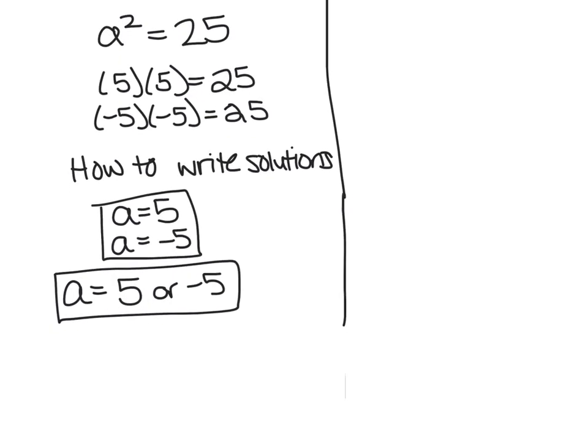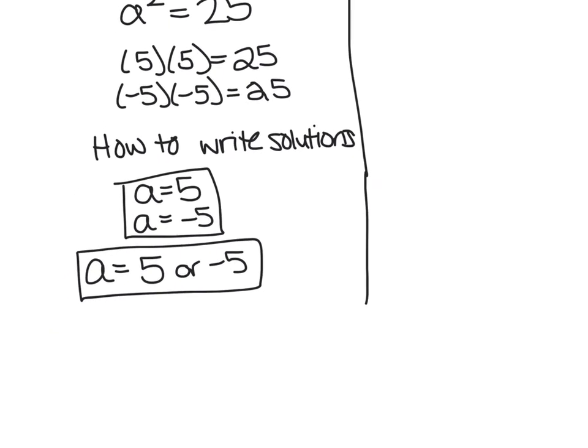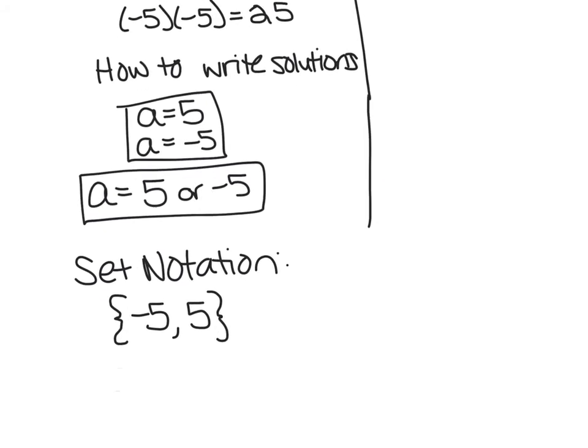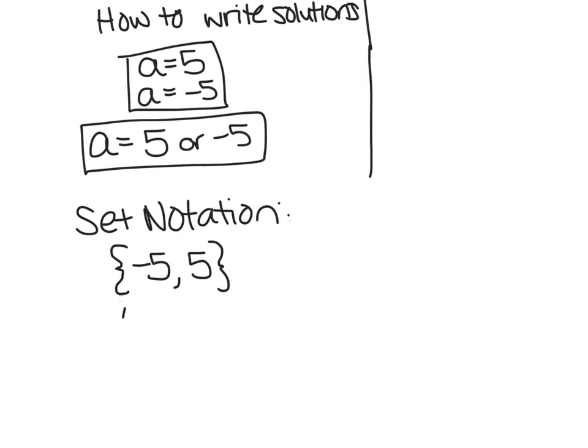Another way to write solutions is with set notation. And for us, this would be these two curly brackets. We would have a negative 5 and a 5, smallest to biggest. And this made a set.